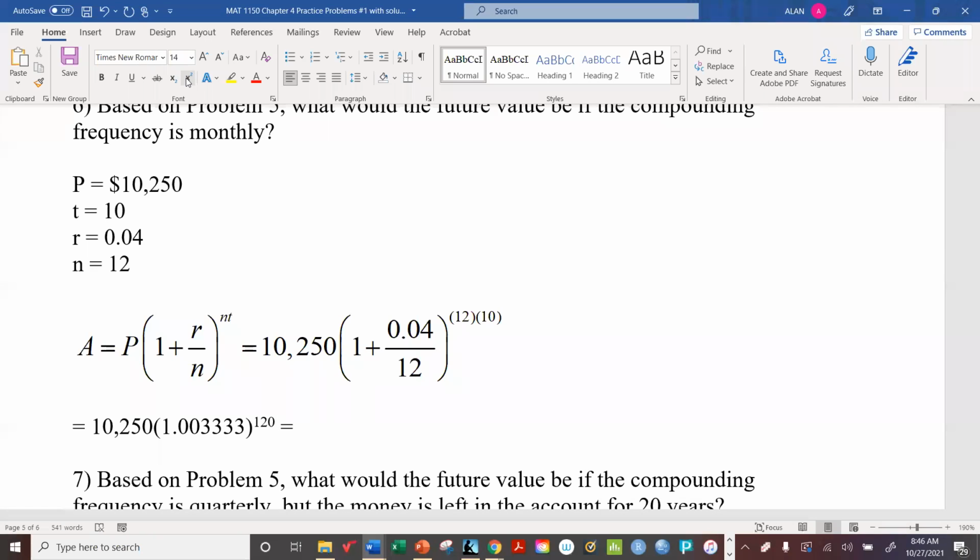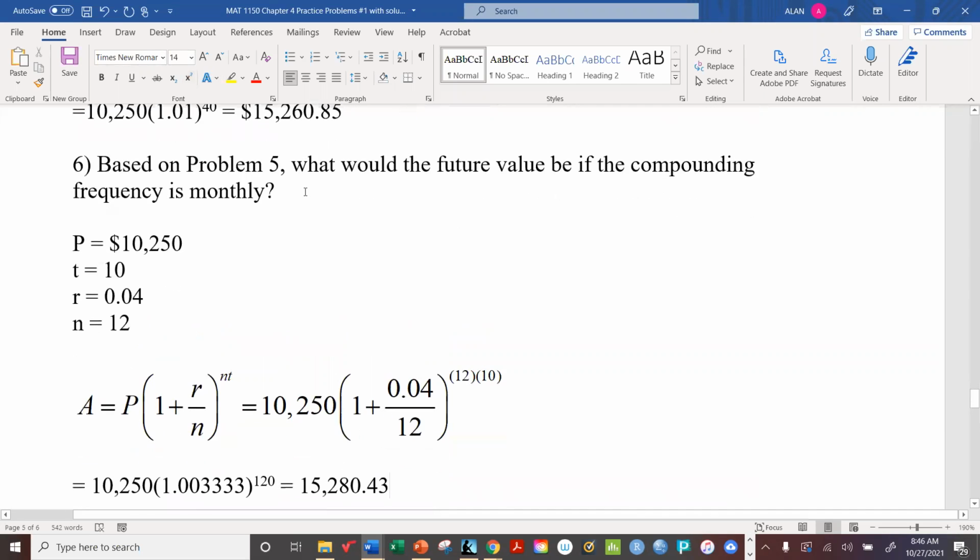So 1.003333 raised to the 120 times 10,250 is 15,280.43. Compared to 260, yeah, so you can see it's a little bit more, it's almost $20 more.